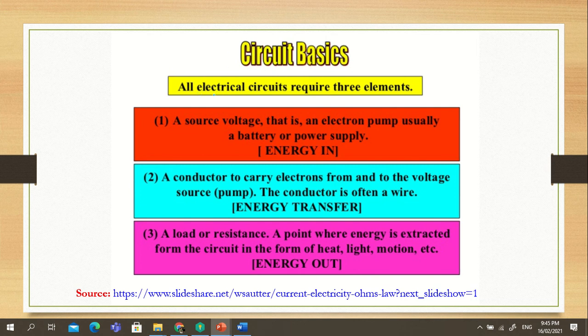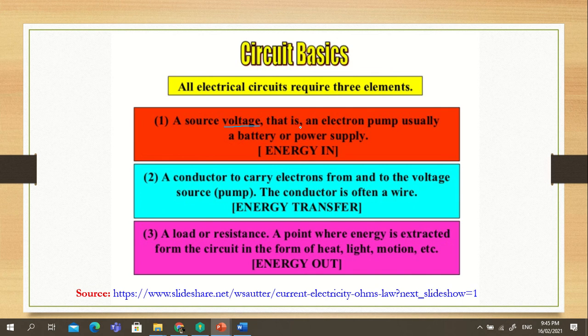So as mentioned, perhaps in your other subject about electricity, we're just recalling them here. All electrical circuits require three elements. As discussed a while ago, we have the source voltage.